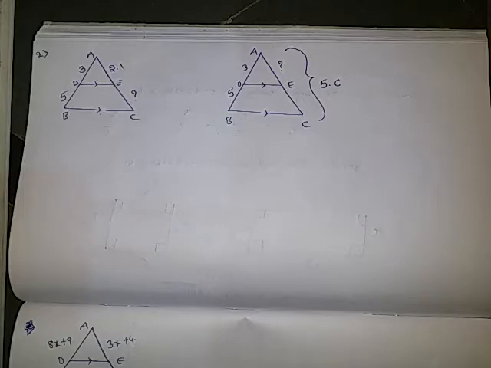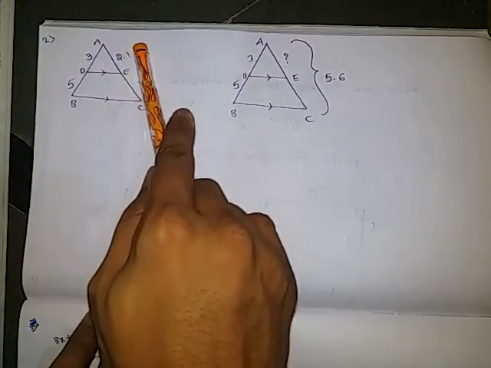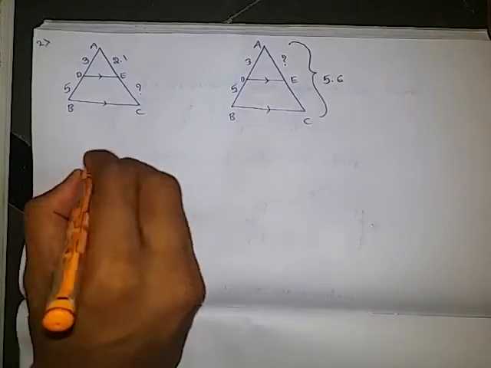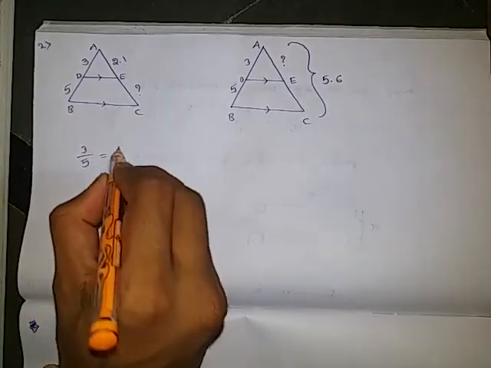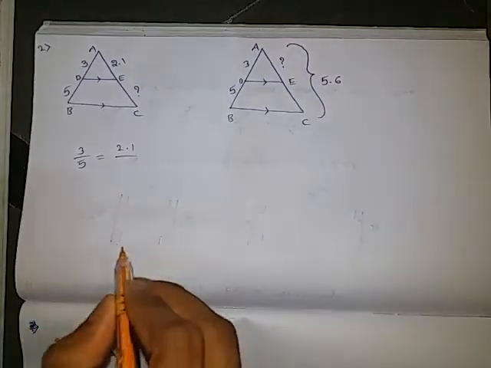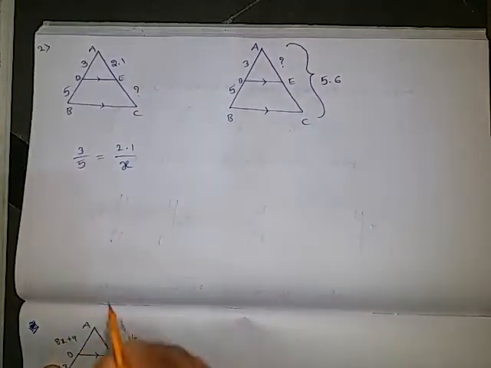So in our words, upper 1 by lower 1 is equal to upper 1 by lower 1. That is 3 by 5 is equal to 2.1 by, here lower one is not given, so I am taking some constant x.